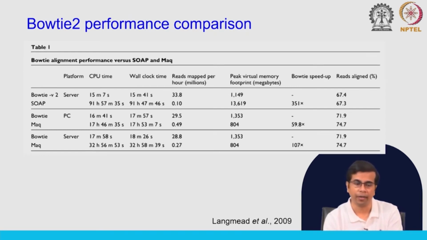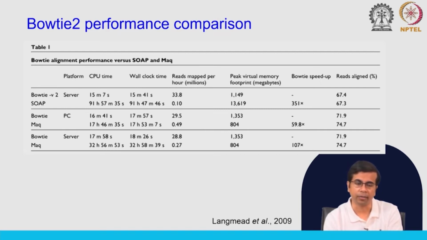In the first set there is a comparison between Bowtie2 and SOAP, the platform is a server, and you can see the CPU time or wall clock time, the time taken to do a certain number of mappings. You can see Bowtie2 is significantly faster.